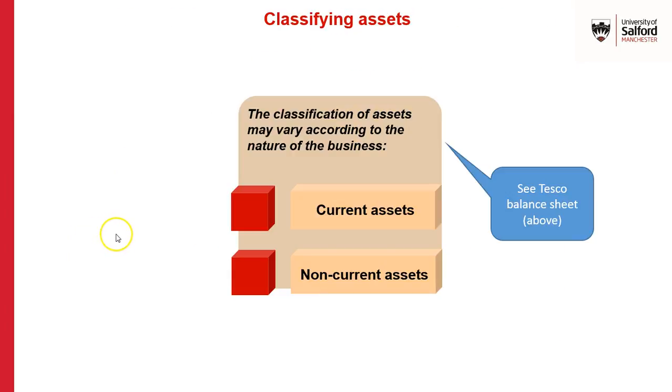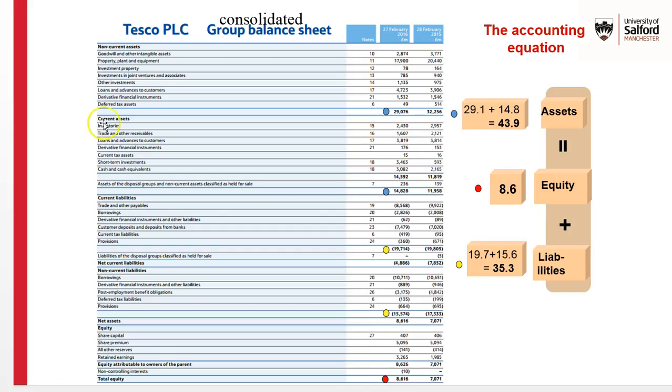Classification of assets, as it says there, if you go back to the Tesco balance sheet, you'll see all the elements of the assets broadly described. Here we are, current assets: inventories, that's stock, trade and other receivables, debtors, loans and advances to customers.